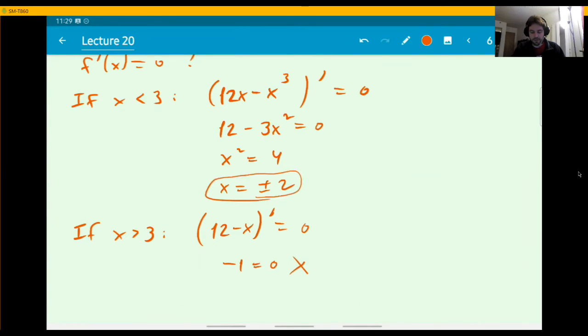Okay, so we finally found all the points where the function has critical points. It's -2, +2, and 3. Here the derivative is 0. Here the derivative is 0. And here it does not exist.